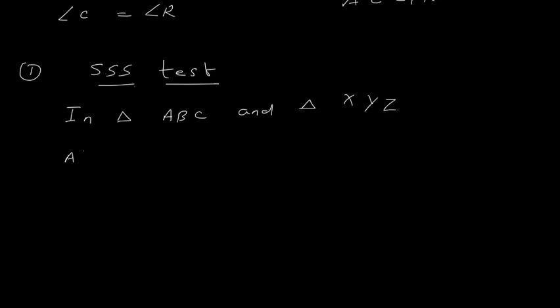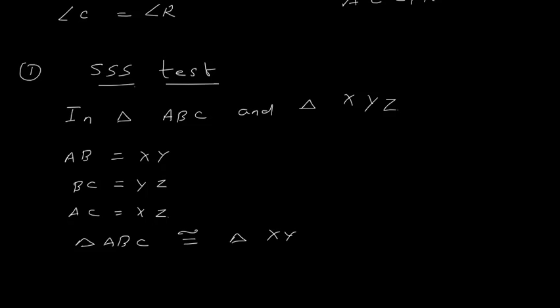If we have AB equal to XY, BC equal to YZ, and AC equal to XZ, then I will say that triangle ABC is congruent to triangle XYZ.